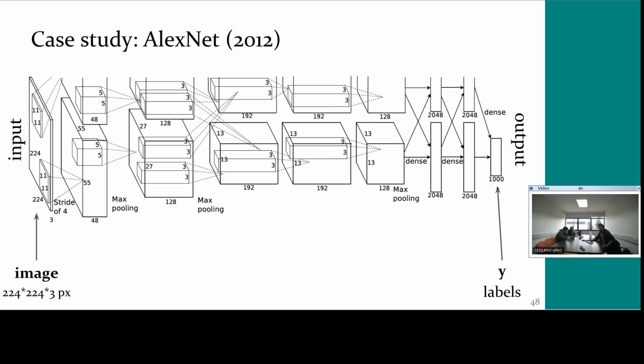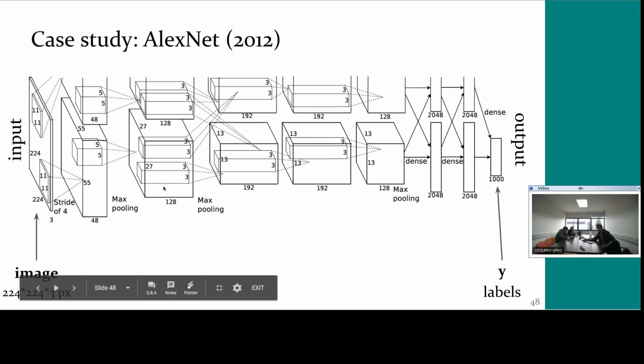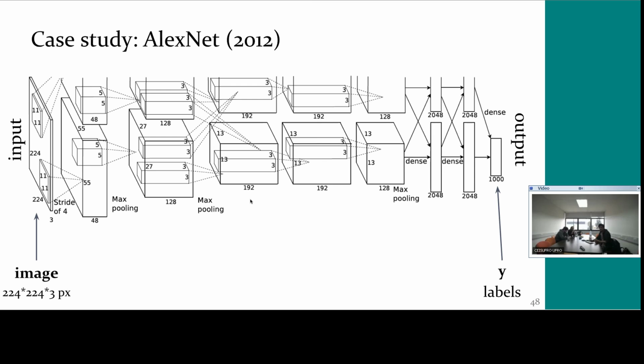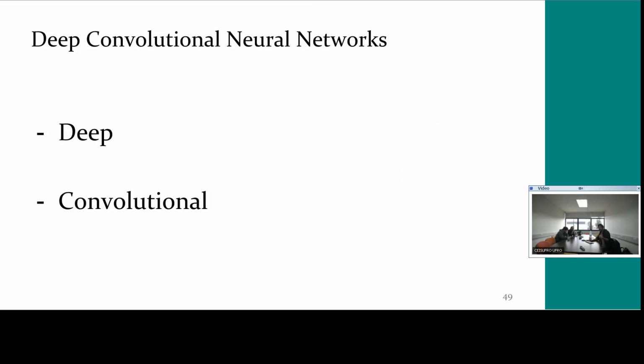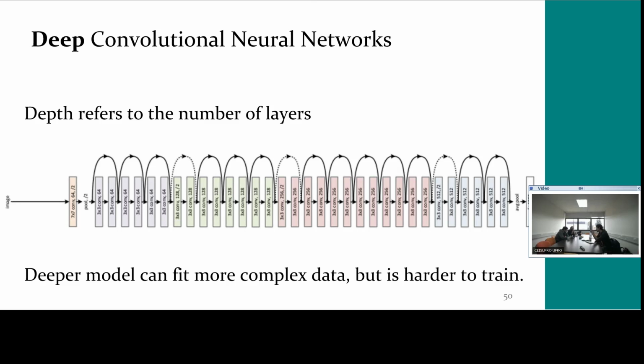Fine. This looks scary, these boxes, but all they are is just neurons connected in some way. So in order to understand it, we need to get deeper. We need to understand these new terms, what is deep and what is convolutional. Deep refers just to the fact that they use more layers.